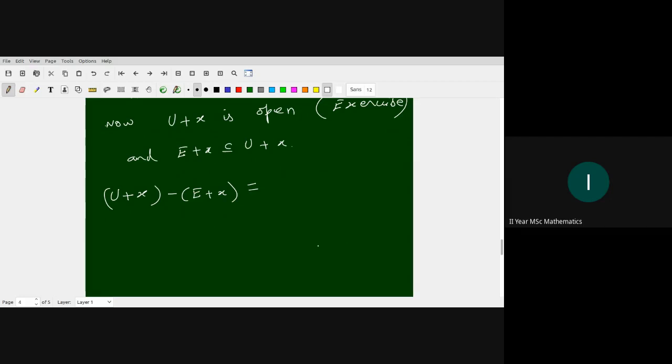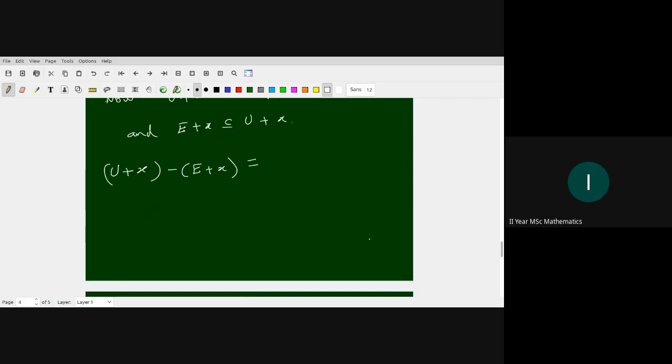Geometrically, suppose we take this as a set u. This is e. I'm going to translate e. Translating u by x, we have this u plus x. Then this also will be translated to e plus x. So e plus x is still inside u plus x. Geometrically, when u moves, e also moves.